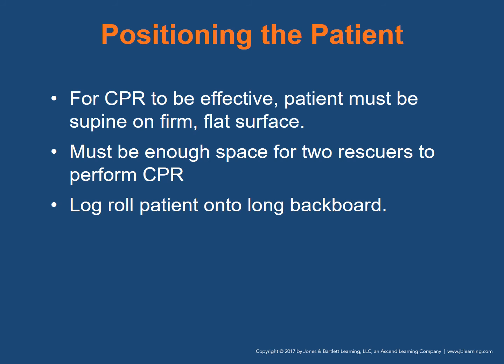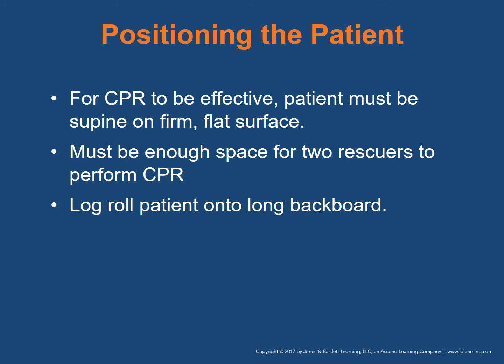An example of this might be somebody in a very small bathroom who has gone into cardiopulmonary arrest, and we can use a quick extremity move or a direct lift and carry to take them out into the living room or the bedroom where we might have more space. And it would be beneficial to log roll the patient onto a backboard.